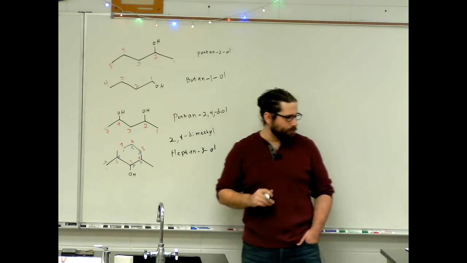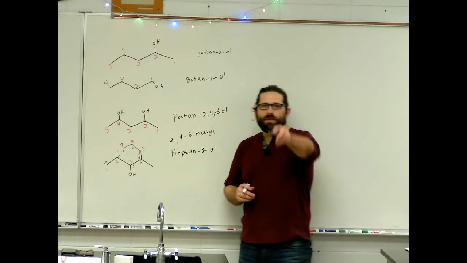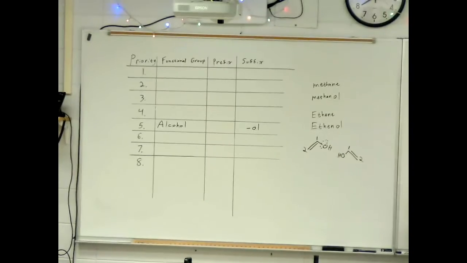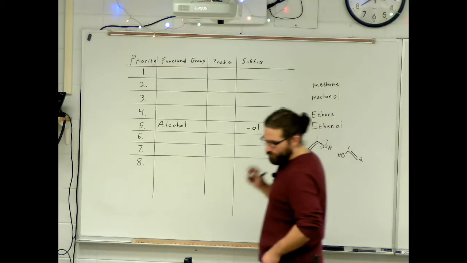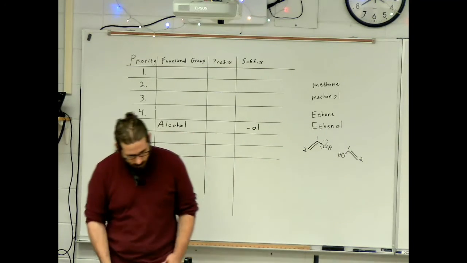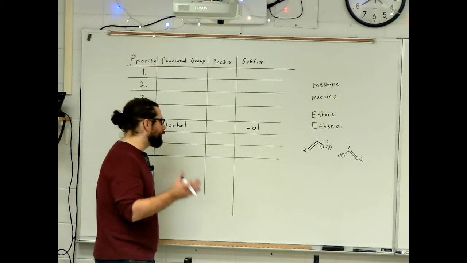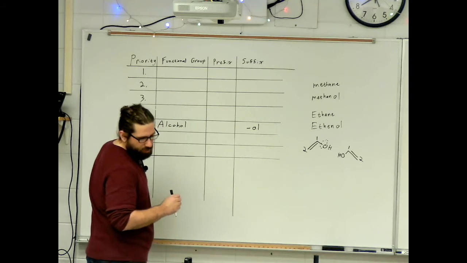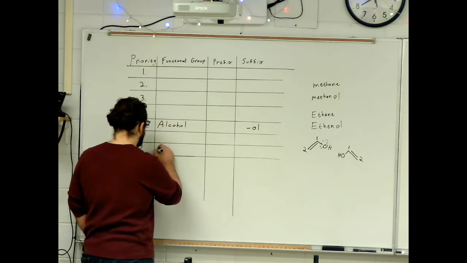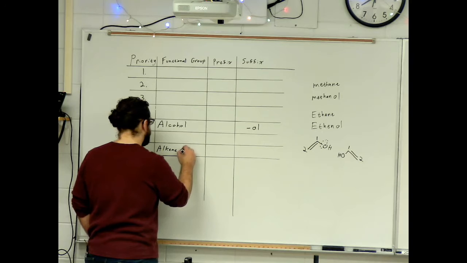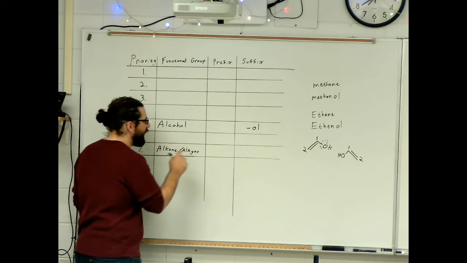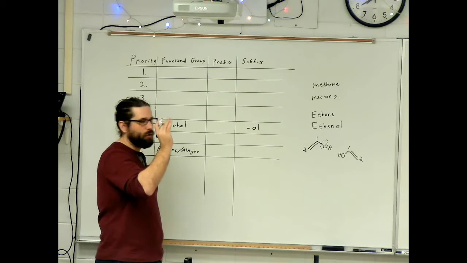Now let's look at that priority structure. Because we're introducing alcohol, however, we do already have some of these functional groups. Specifically one of them. The seventh priority here is going to be an alkene/alkyne, with the alkyne technically taking higher priority.